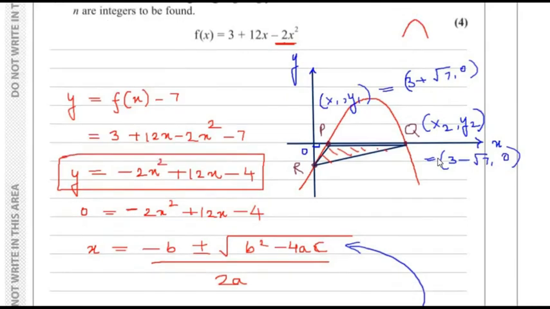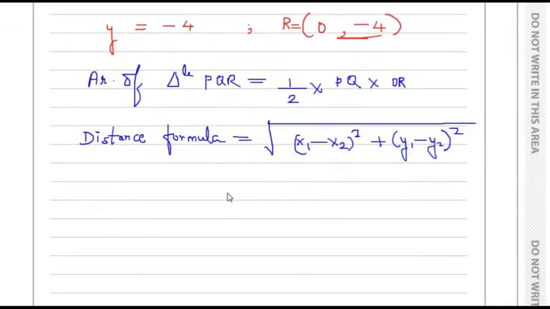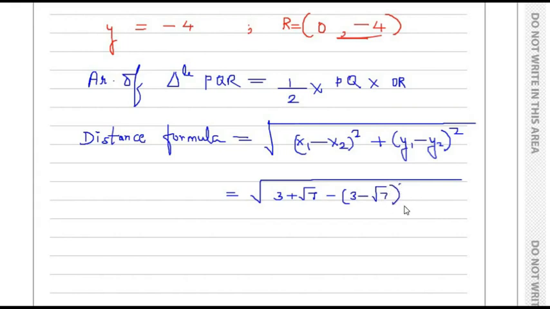We get the square root of x1, which is 3 plus root 7, minus x2, which is 3 minus root 7, the whole thing squared, and the y coordinates for P and Q were 0 and 0, so it becomes 0 minus 0 the whole squared.